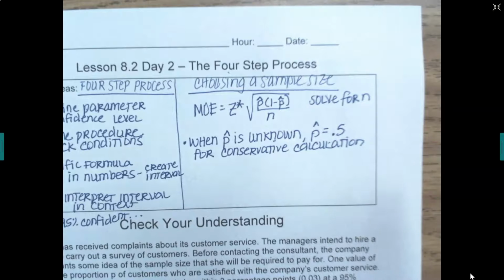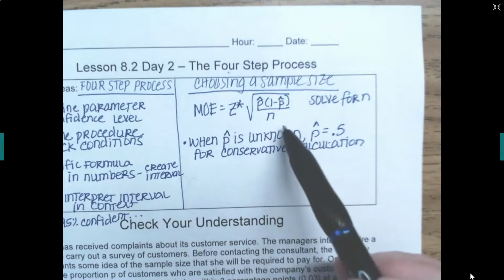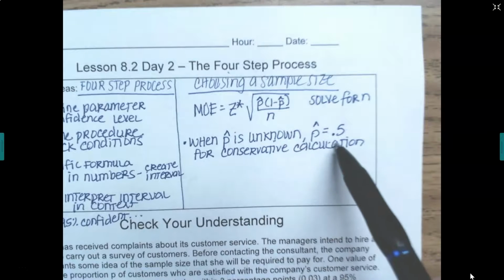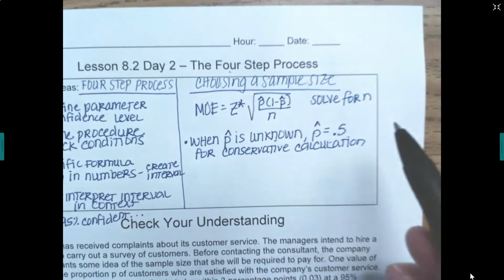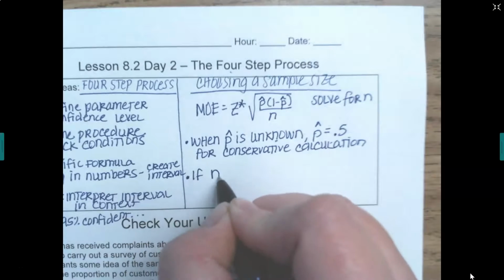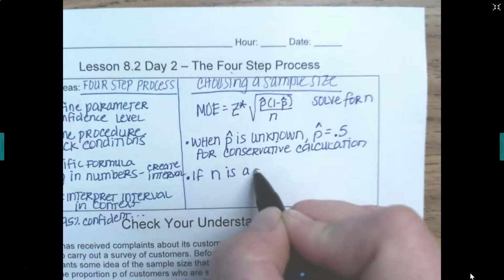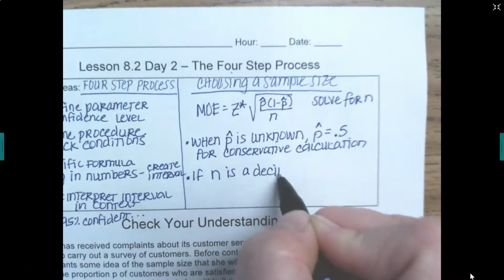Okay, so you haven't performed the study yet. You're trying to decide how many people we need to talk to. So we're going to use p-hat equals 0.5 because it's the most error possible. Okay, and once you're done calculating this, if you solve it all out and n is a decimal, always round up.